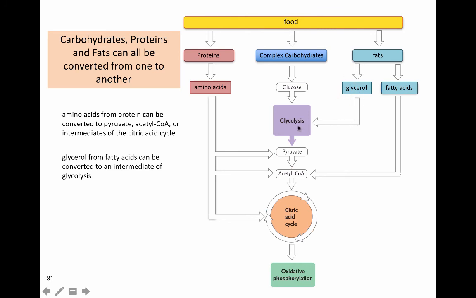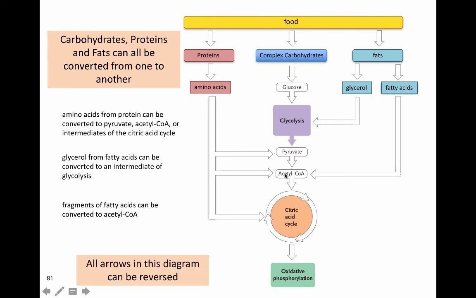They can be converted into various components, as well as glucose to go into glycolysis. Fatty acids can be fragmented and can go into the pathway here as acetyl-CoA. And all of the arrows here can also be reversed as well. So some things can be precursors to other things. So, for example, pyruvate is used in the synthesis of amino acids.